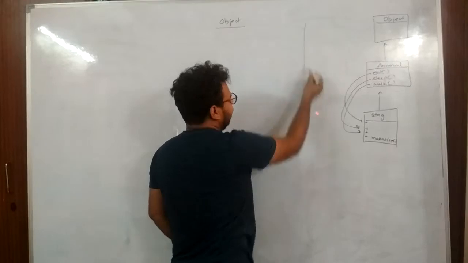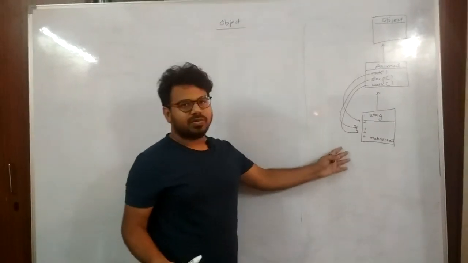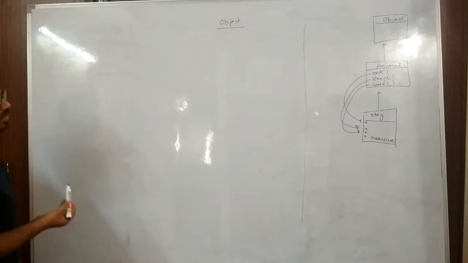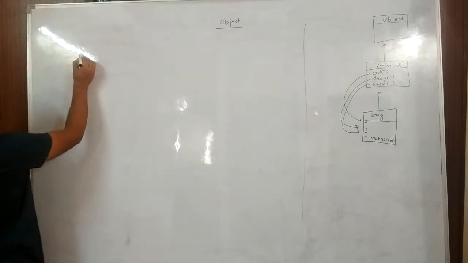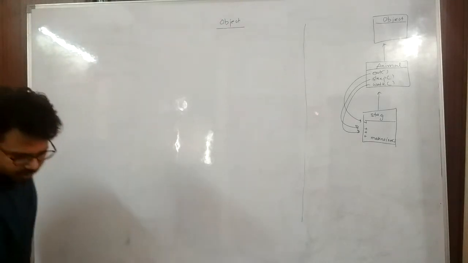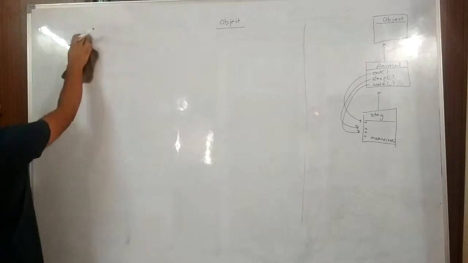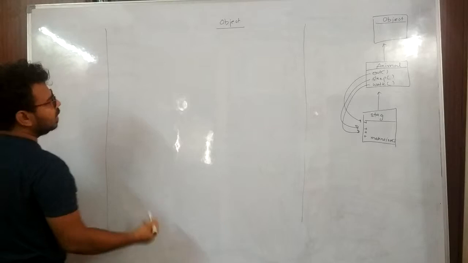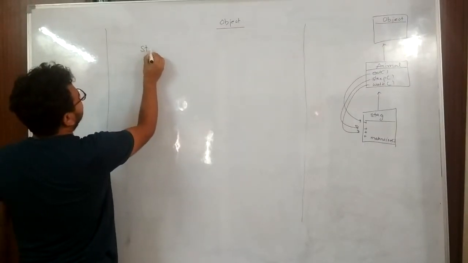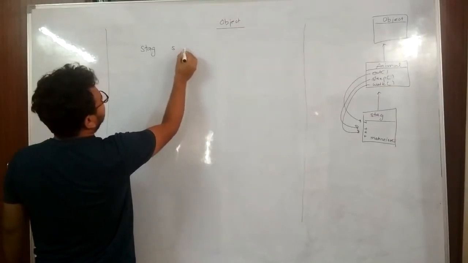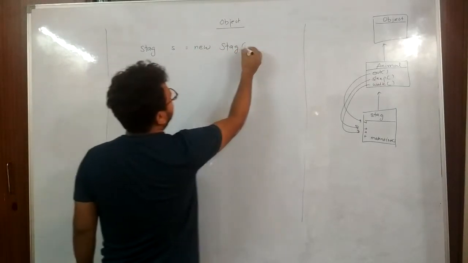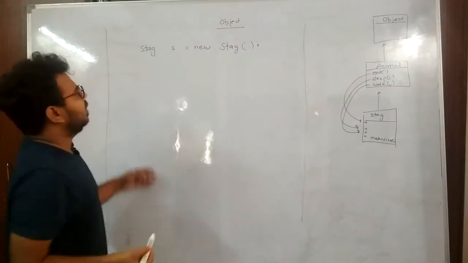Now let us understand how our object looks. Let us consider the first line of creating an object. When we write Stack s = new Stack, what happens at this line?